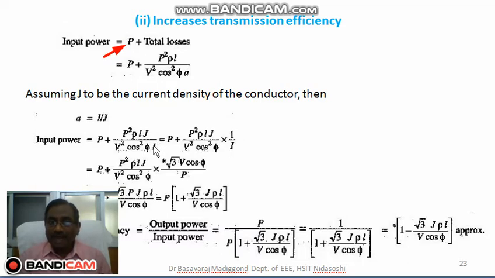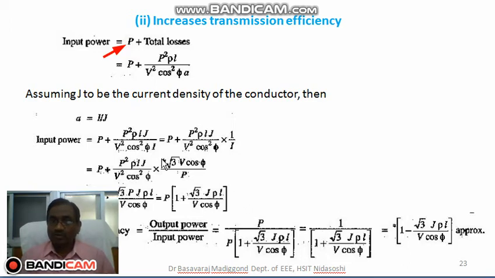I have taken this I outside, so 1 by I. Finally we get P plus root 3 J rho L divided by V cos phi. Taking P common, we get P into (1 plus root 3 J rho L by V cos phi).